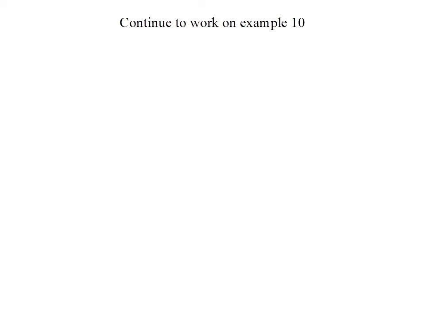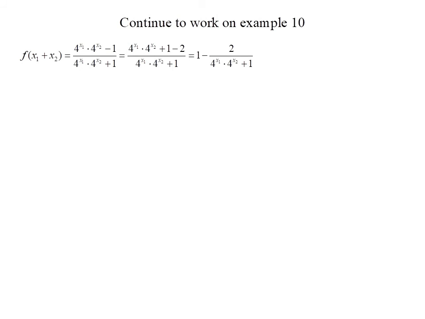Here we continue work on example 10. As can be seen, the expression of f(x sub 1 plus x sub 2) after being simplified becomes 1 minus 2 over the sum of 4 to the x sub 1 multiplied by 4 to the x sub 2, and 1. Here, in order to simplify the algebraic manipulation, we assume a equals 4 to the x sub 1.